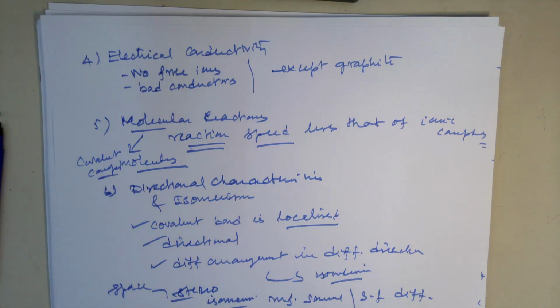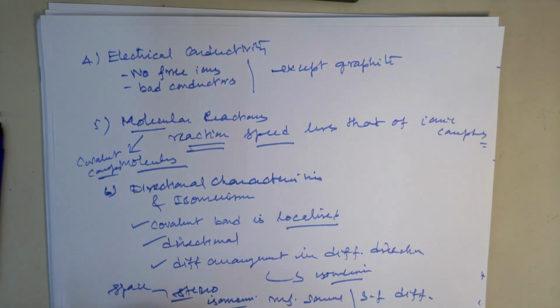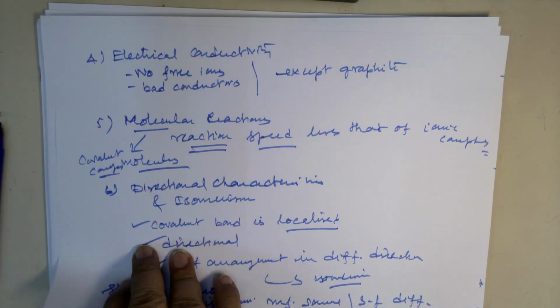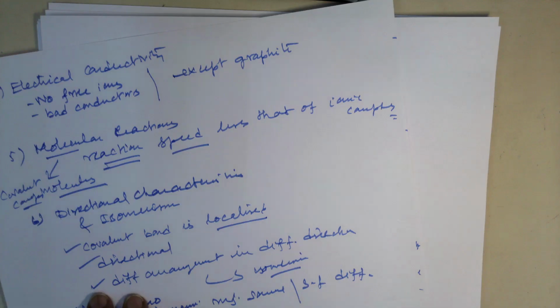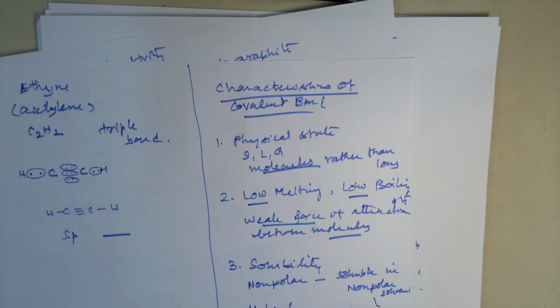So these are the key characteristics of what? The covalent compounds. What are the important characteristics of a covalent compound? Number one, physical state. Second, low melting and low boiling points.